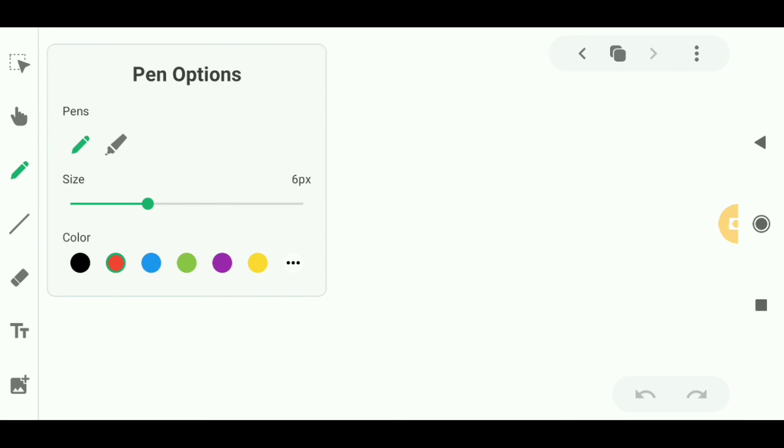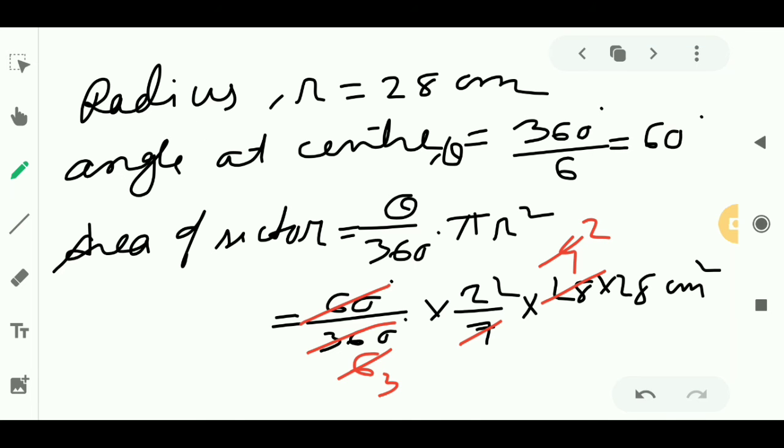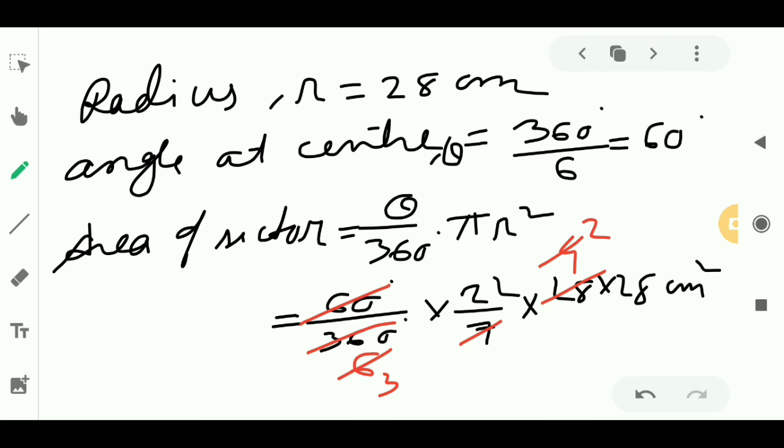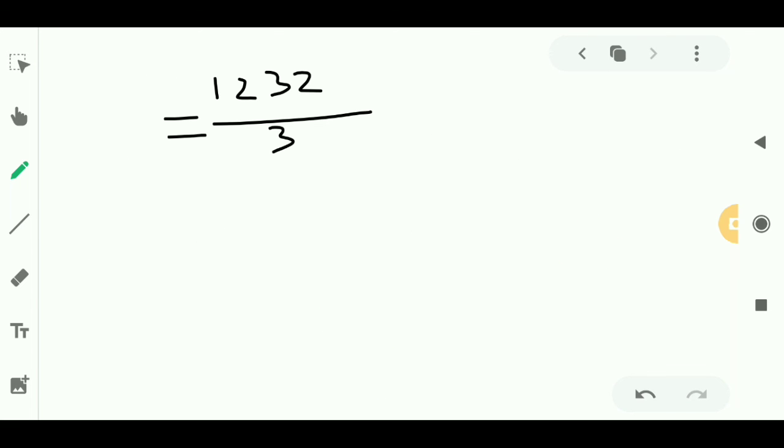So multiplication I am going to do. 22 and 2 28 is 56. 22 into 56 is 1232. 1232 by 3. 1232 divided by 3 is not directly going, so I'll keep it up to here only.